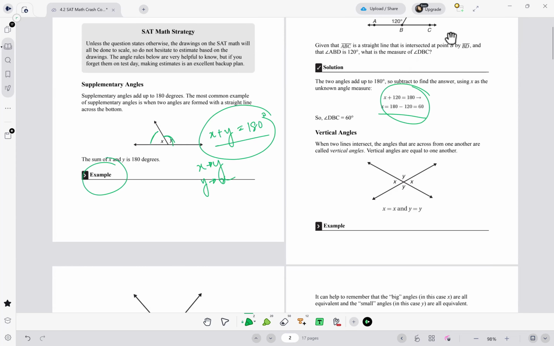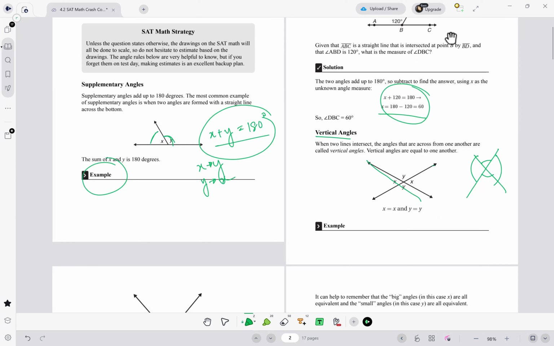Vertical angles. The next topic, the vertical angles. When two lines are intersecting each other, they form vertical angles. The only condition is that this angle and this angle, and this angle and this angle, are needed to be equal.